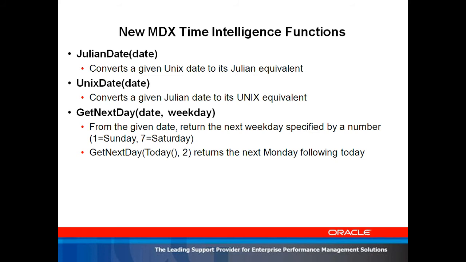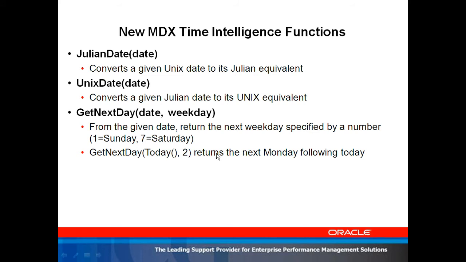And there are also a number of functions that return a specific day. We'll see one on this page and a few more on the next page. Like get next day, you don't know exactly what day it is, but depending upon the date given, you will get the next weekday following that date given.